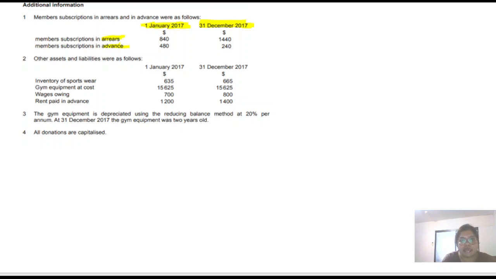So it clearly indicates which balance is the opening and which one is the closing. The balance from 1st January 2017 is your opening and this balance is your closing balance.